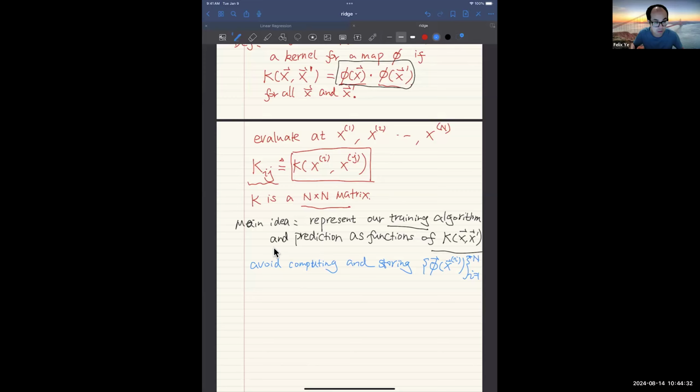This is very expensive to compute and to store, the high dimensional features.